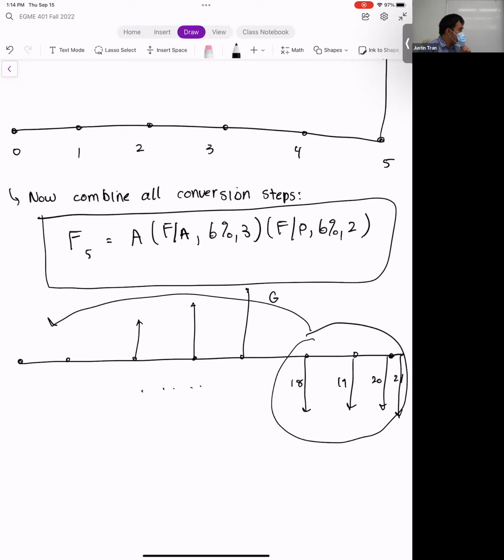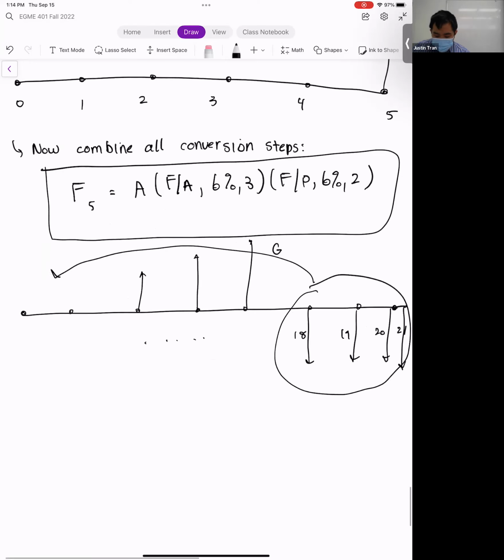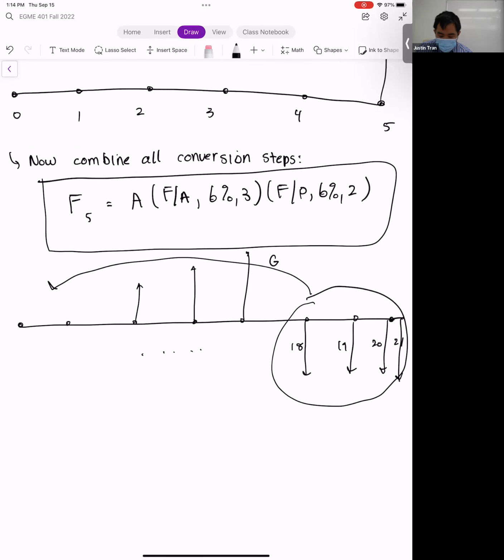There might be an amount that's not known. In these cases, the best way to tackle these problems is to solve it like an algebra problem, right? You have one unknown. In these situations, you want to set up an algebraic equation to solve for that unknown.